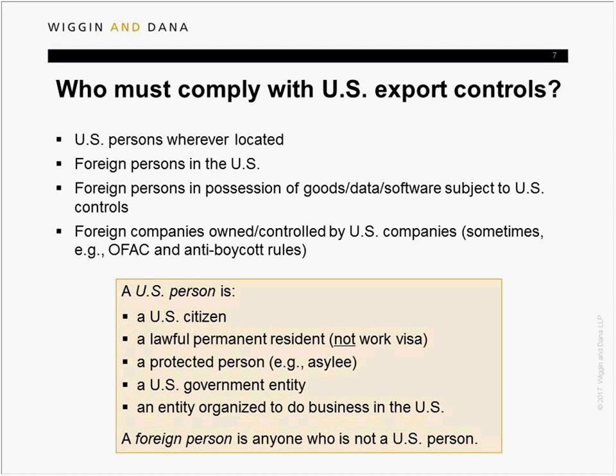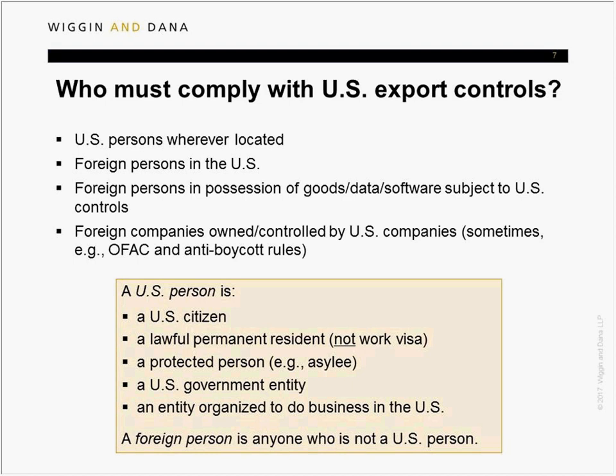So what's a foreign person and what's a U.S. person? Well, a U.S. person is a U.S. citizen. That part's obvious. Also a lawful permanent resident or green card holder. But if you have a foreign employee who does not have a green card, that is, if they're here on a work visa, then they are a foreign person, and as we saw before, transferring information to them can be an export.